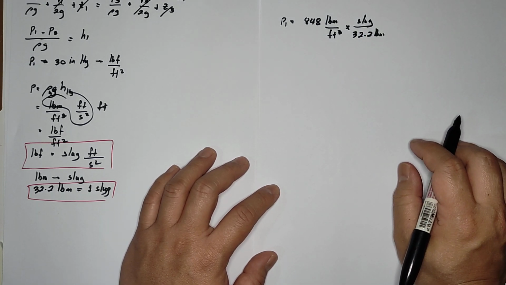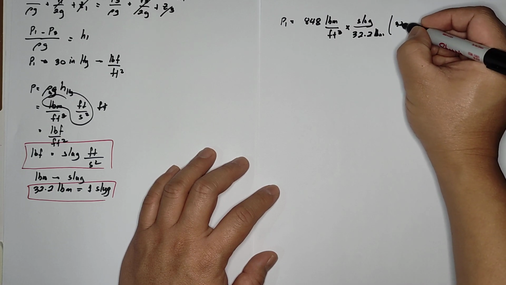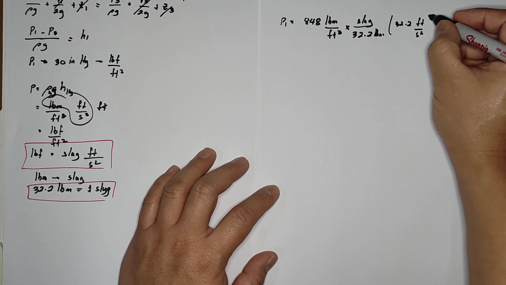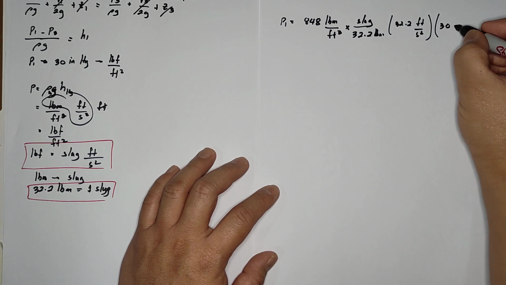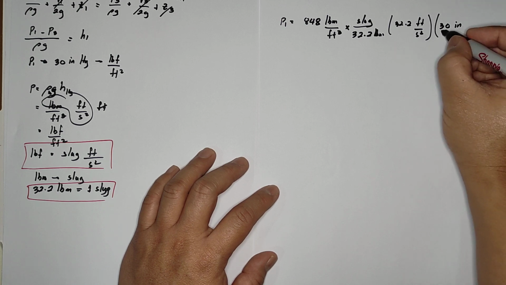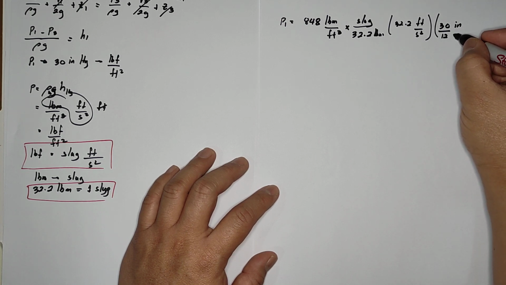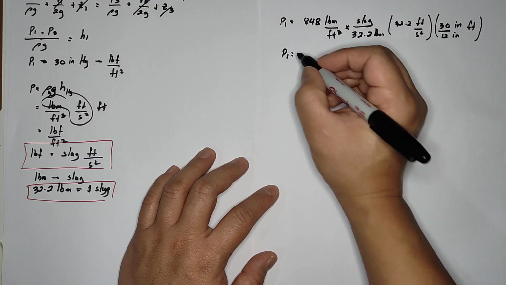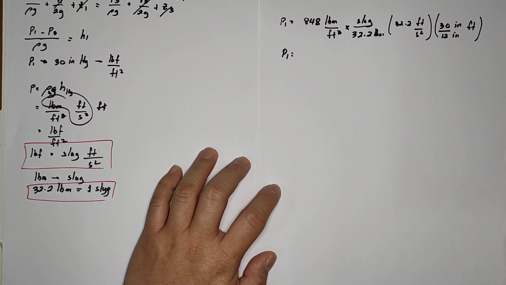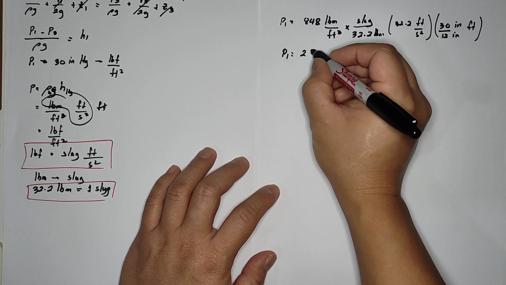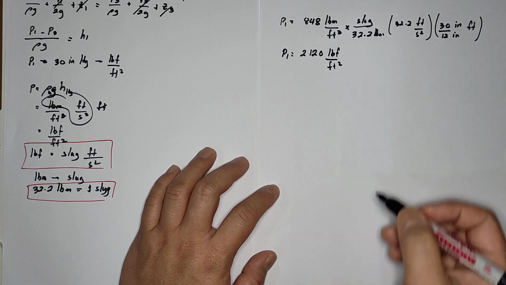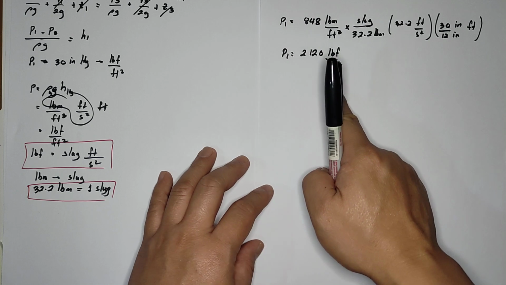Then the g is 32.2 feet per second squared. Then the height is 30 inches, so you convert that into feet. So for P1, let me check my answer, it should be 2120 pound force per square foot. So that's now P1.